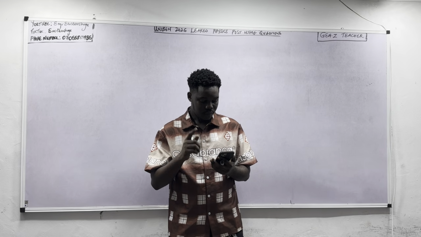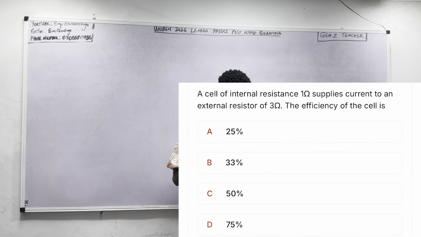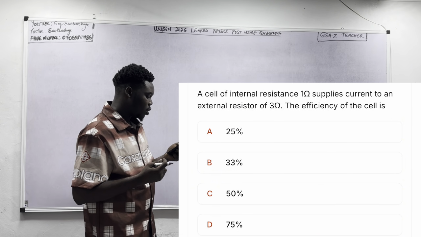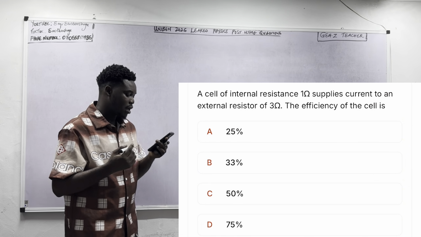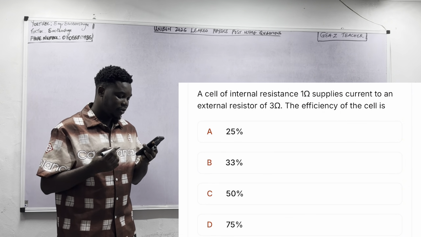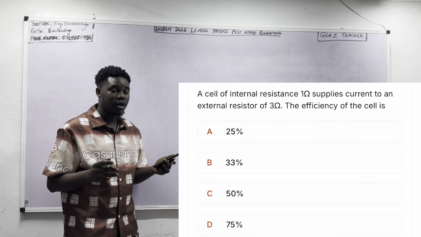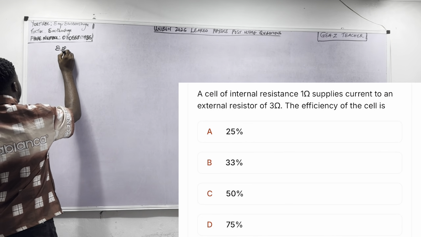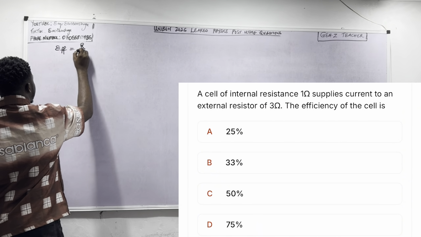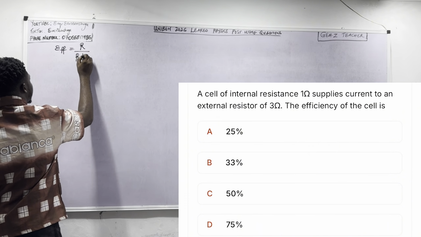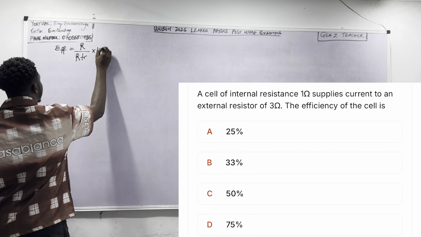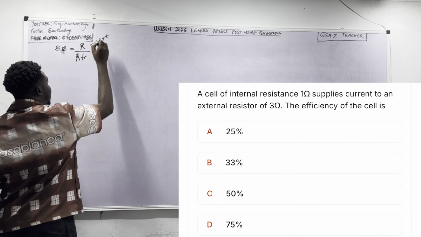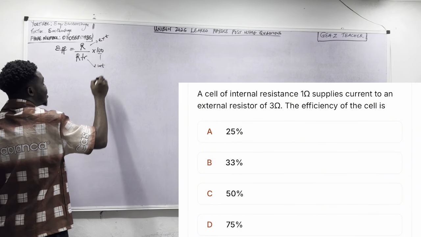God bless you. Number one says, as shown on the screen, a cell of internal resistance 1 ohm supplies current to an external resistor of 3 ohms. The efficiency of the cell is dash. Now quickly recall, for efficiency of a cell, the formula goes like this: capital R divided by capital R plus small r, times 100 over 1, where capital R is the external resistance and small r is the internal resistance.